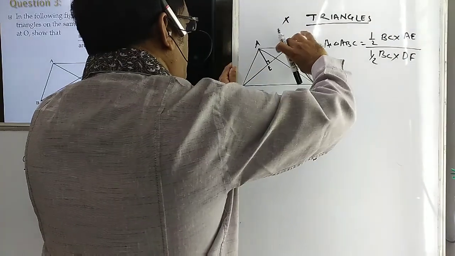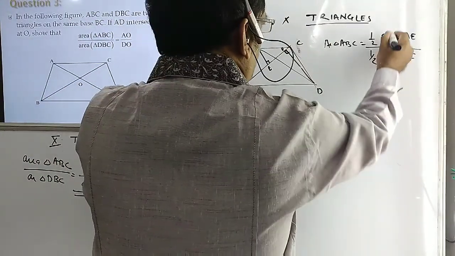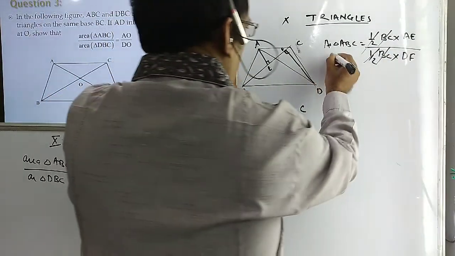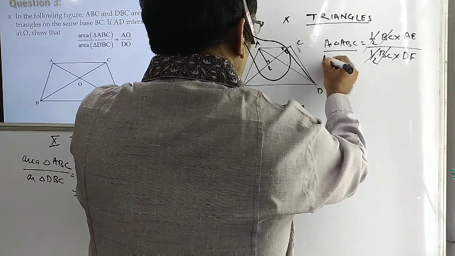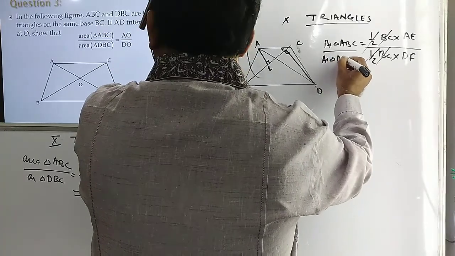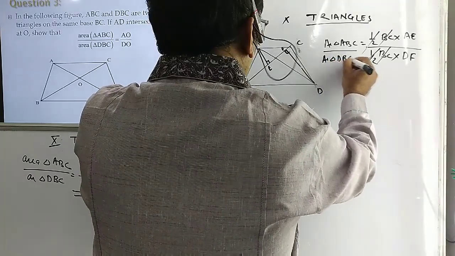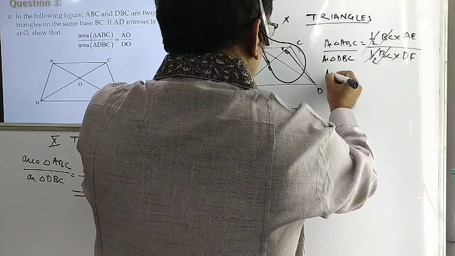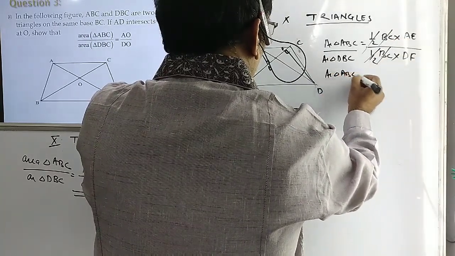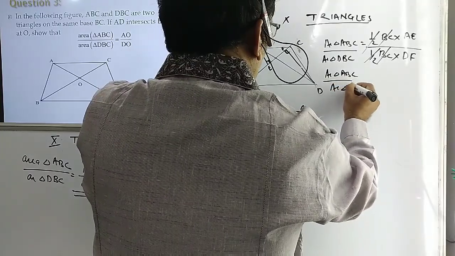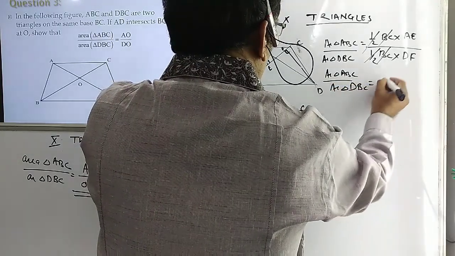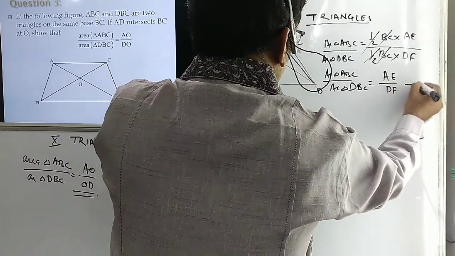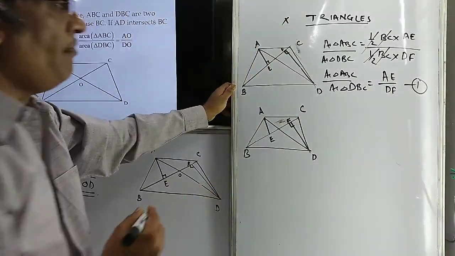So AE and DF are the two altitudes. Half gets cancelled, BC gets cancelled. So area of triangle ABC by area of triangle DBC is equal to AE by DF. This is equation number 1.